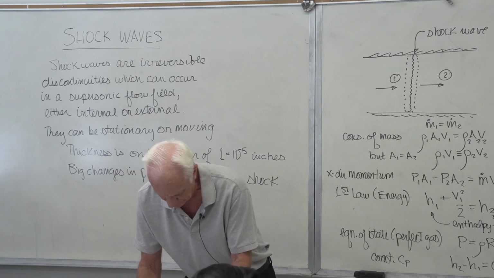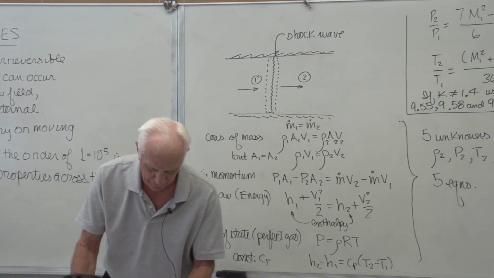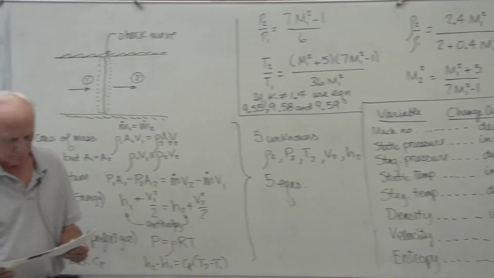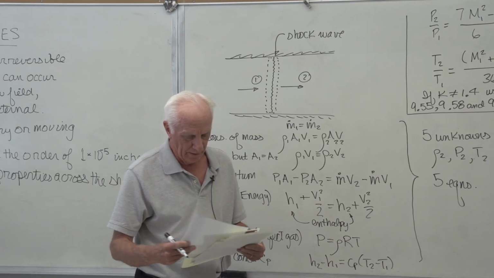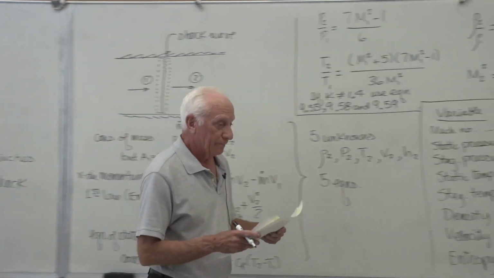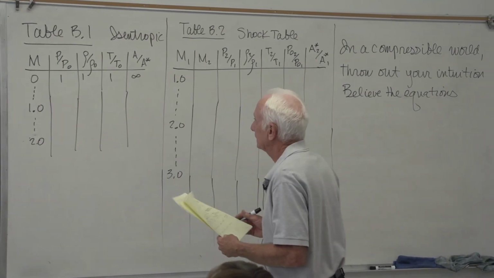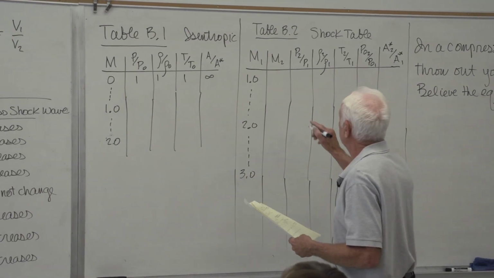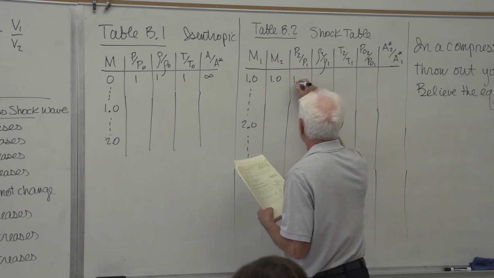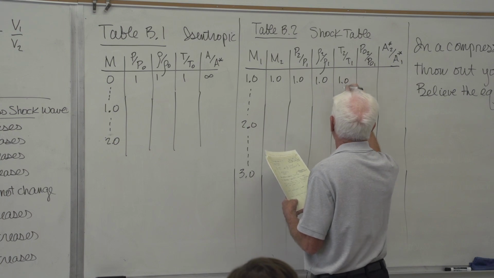B2. Yep, stops at 5. Okay, I'm not going to show it. We've done fine up there, so it stops at 5. Okay, so put some numbers in. 1, 1, 1, etc.